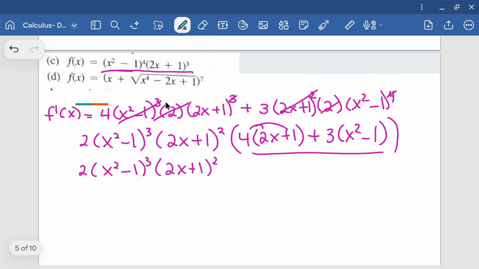And then from here, we're going to do some distributing. So we'll have times 8x plus 4 plus 3x squared, and then minus 3. And I realized I did this earlier as well.